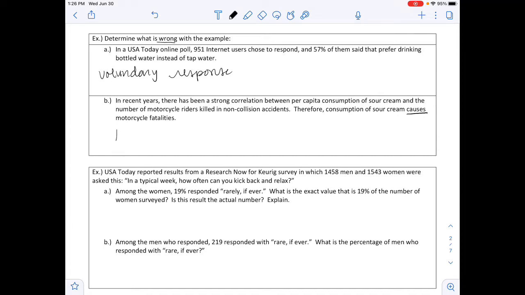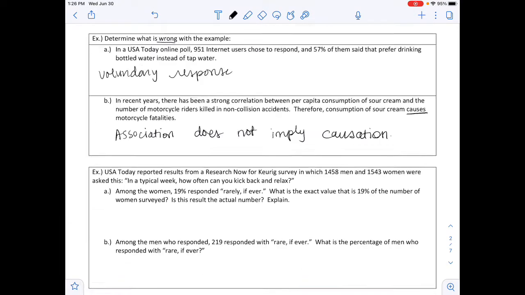So association, or that kind of relationship, does not imply causation. We see this a lot with other things too. Just because there's some kind of relationship does not mean it has to imply that it's going to happen.